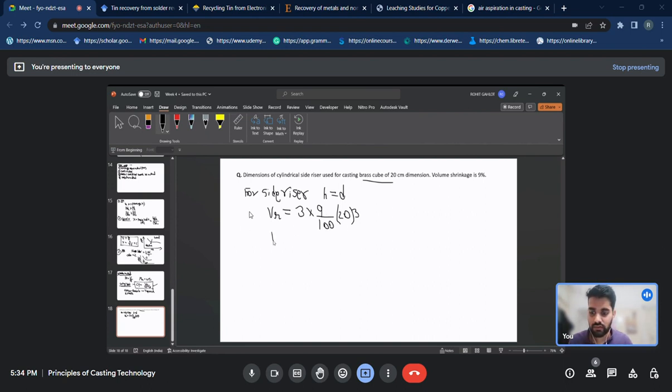Okay, so the volume of the riser is pi r square h. We will equate these two.